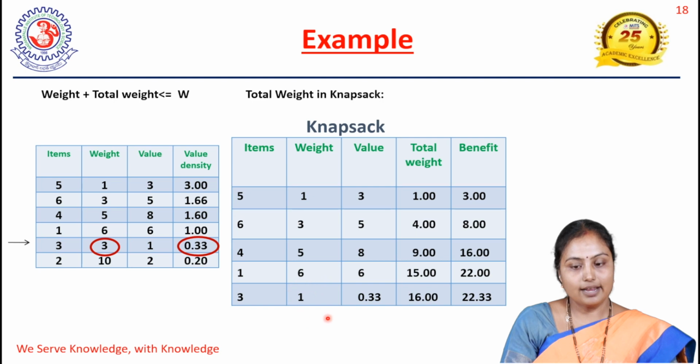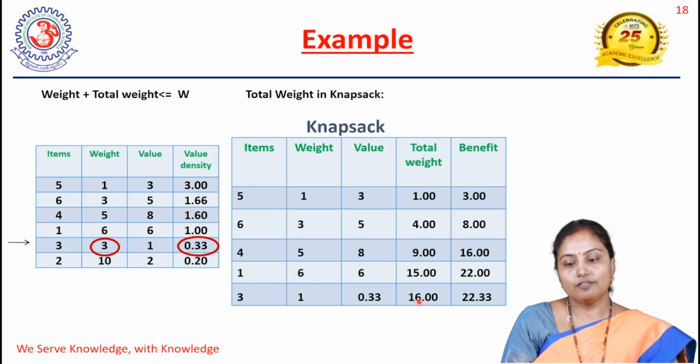So we have to take only 1 weight. If we take only weight 1, we should not add value 1, because this value 1 corresponds to weight 3. We need only the value related to weight 1. That is called value density. So we added 0.33 in the knapsack bag instead of 1.